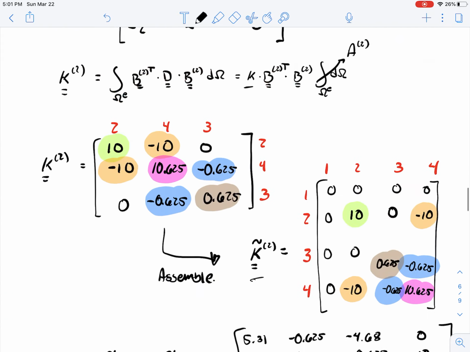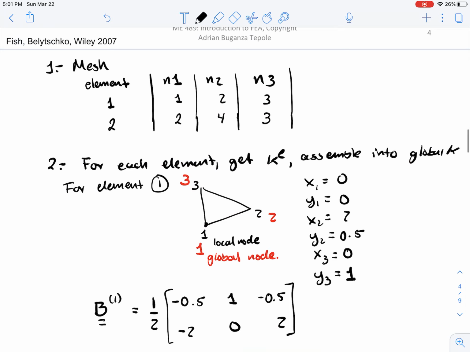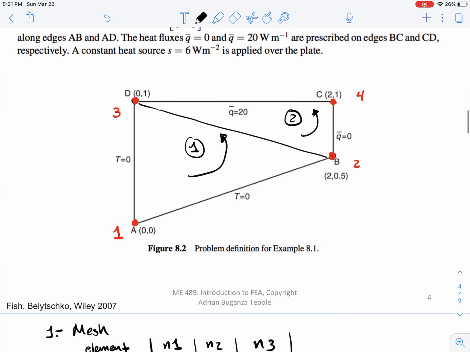If you look at element 1, I need to scroll all the way up, but for element 1, none of the edges of the triangle have natural boundary condition. This is the first edge, it doesn't have a natural boundary condition. This is the second edge, also doesn't have one, it's an internal edge. And this edge also doesn't have natural boundary condition.